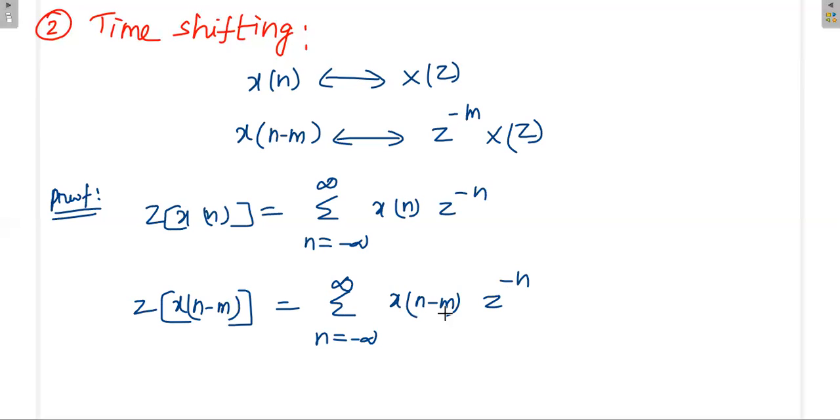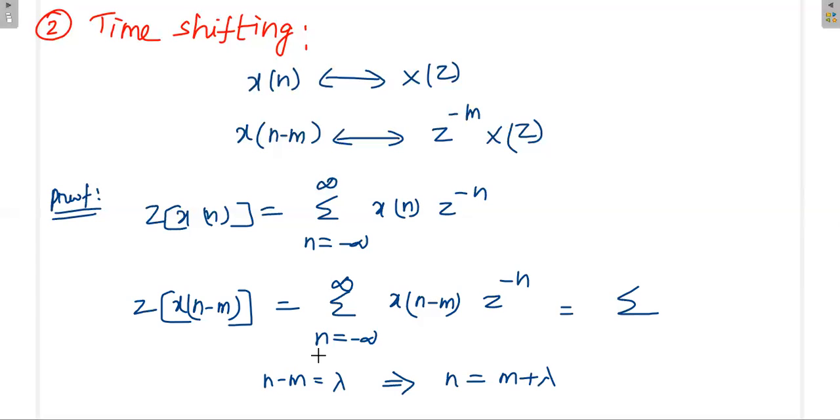Now we can replace n minus m with a new variable, say for example, let us take n minus m is equal to lambda. Then what is n? n is equal to m plus lambda. So if that is the case, then we can modify this.